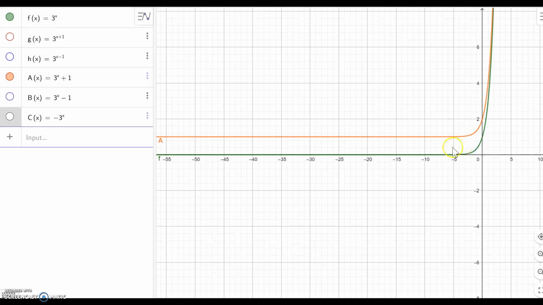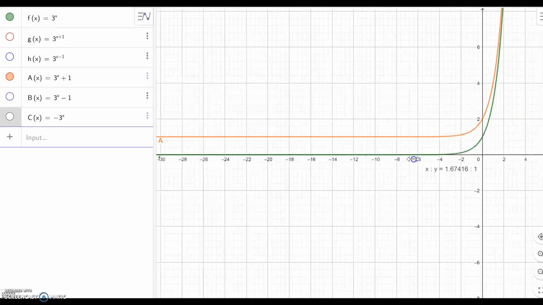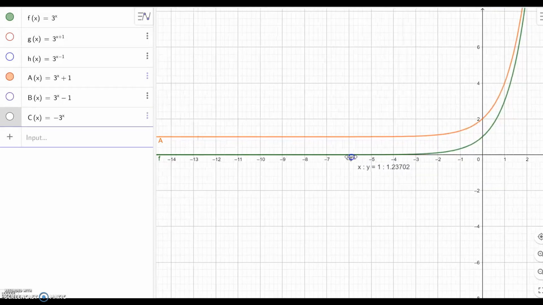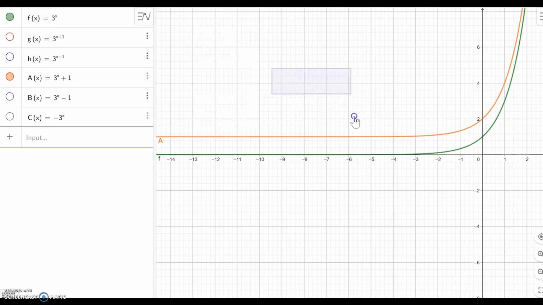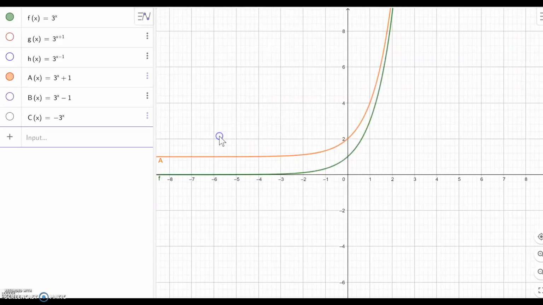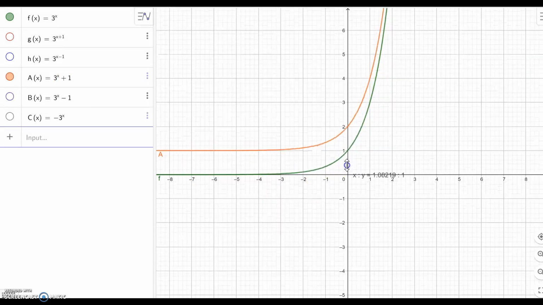So based on this, we found out if we have 3 to the x plus 1, then the whole graph moves 1 unit up. Okay, I'm going to make it a little bigger like this.